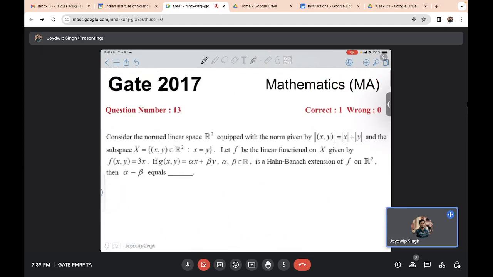It is not a non-trivial extension. It is the same as f, because one will be 0 and on x equals y it is the same. So it is not a non-trivial extension.